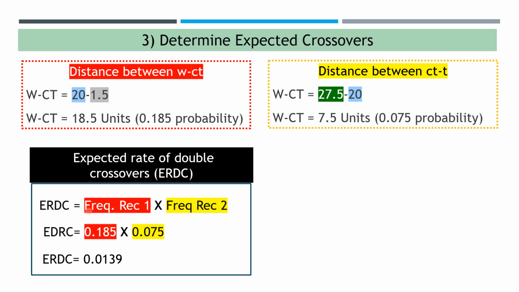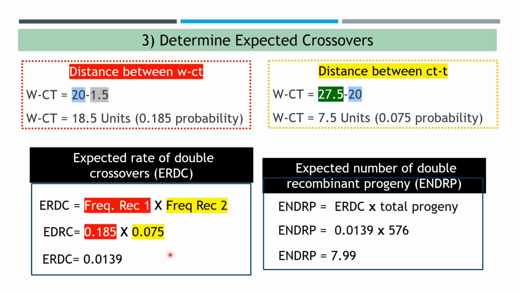So here you have the frequency of recombination of one and the frequency of recombination of the other one. So we just multiply those values and we get this value. If we multiply that one by the total progeny, we will get actually the expected crossover to calculate the interference.